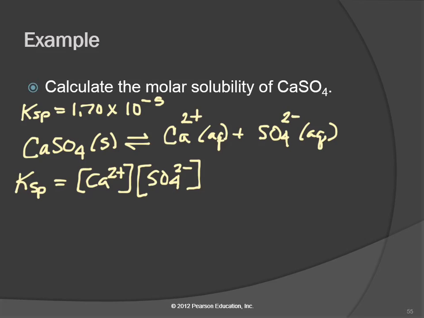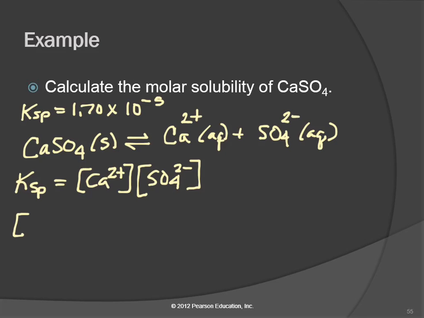And so we decided collectively to leave them out. Then we recognize that you get 1 calcium ion and 1 sulfate ion for every 1 calcium sulfate unit that dissolves. The calcium ion concentration will be equal to the sulfate ion concentration, and those will both be equal to the number of moles per liter that dissolve.